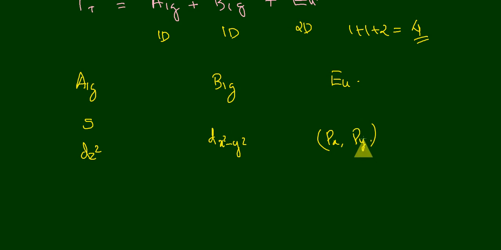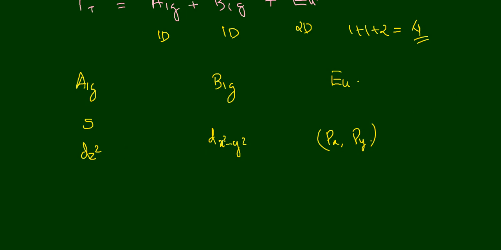And one Eu, and in the Eu, you can see Px and Py, they are a degenerate set, they transform together. So Px and Py should always be considered together. So dx square minus y square, Px, Py, these are compulsory. And the option is only here: either it is s or it is dz square.